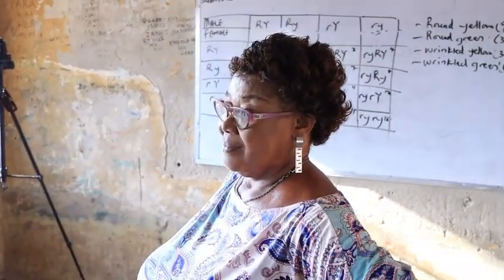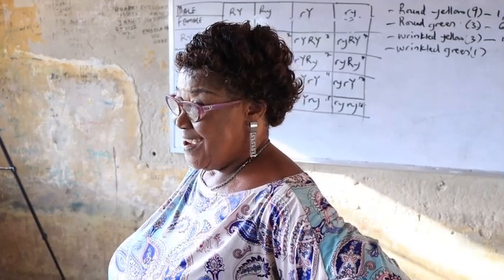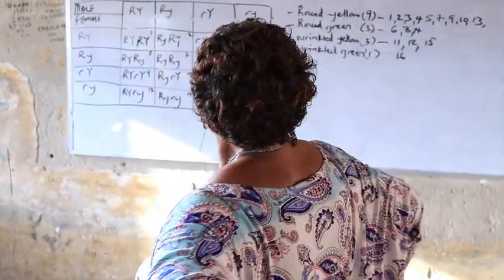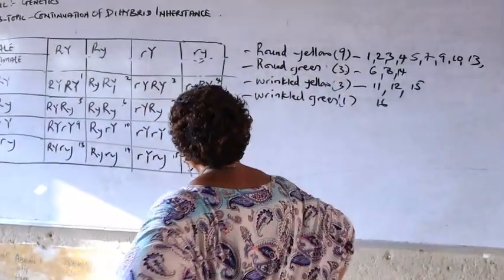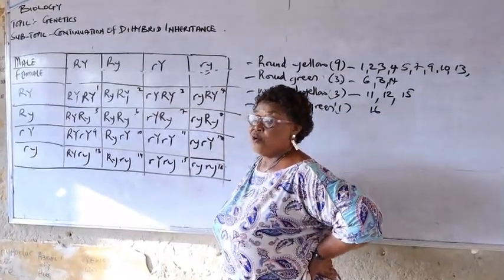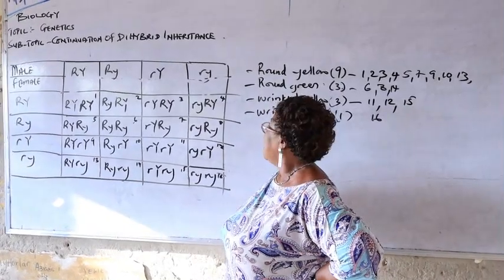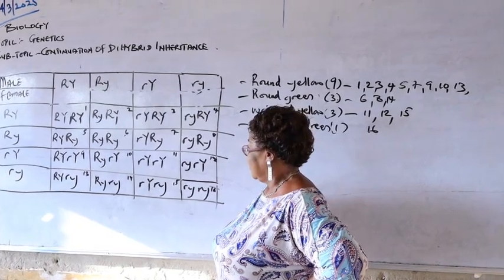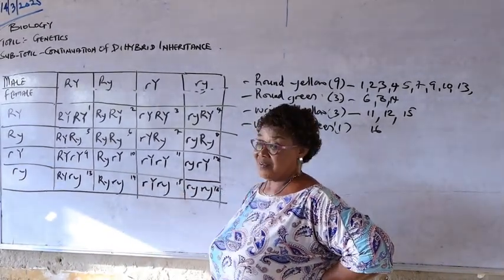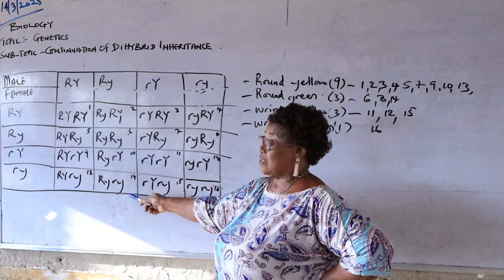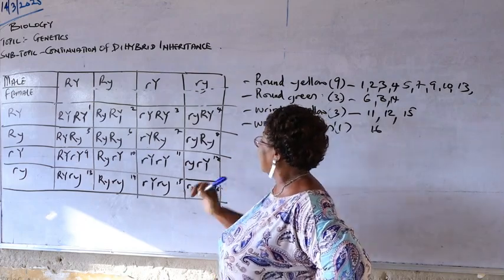Miss should check very well. Is it me that should check very well? Heterozygote for round, homozygote for green. Check again.